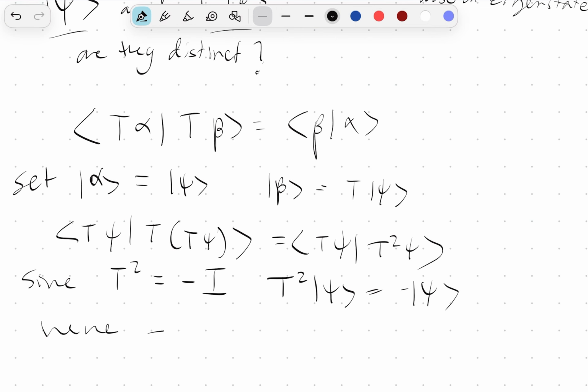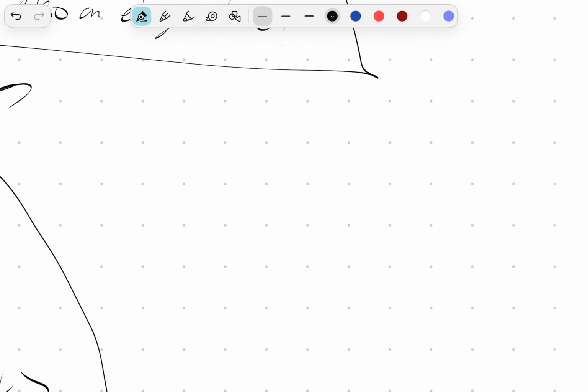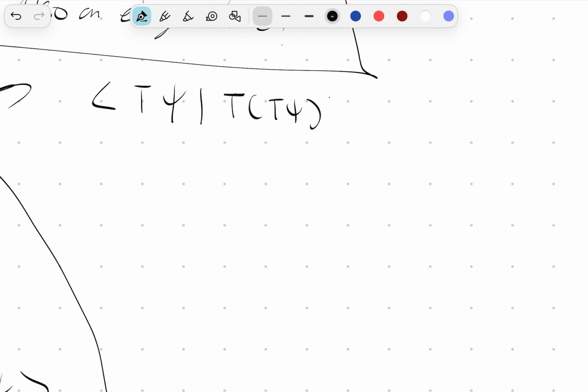Hence, one can have that we should reverse the wave function, but the anti-unitarity property is also going to give us T psi with T acting on T psi to be equivalent to T psi star.